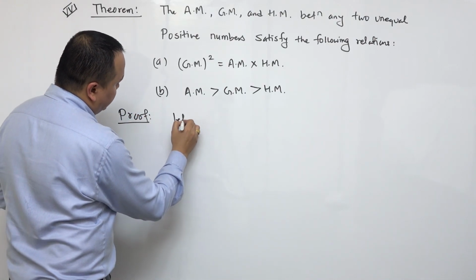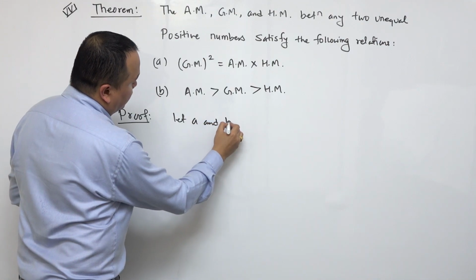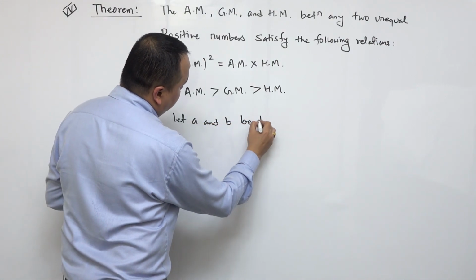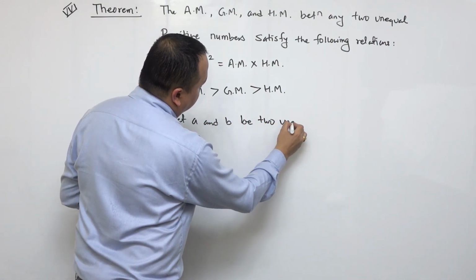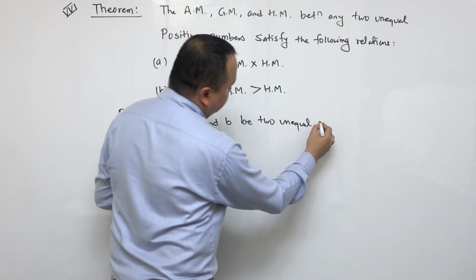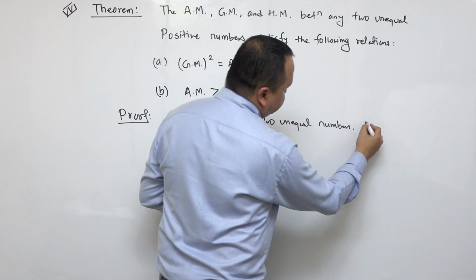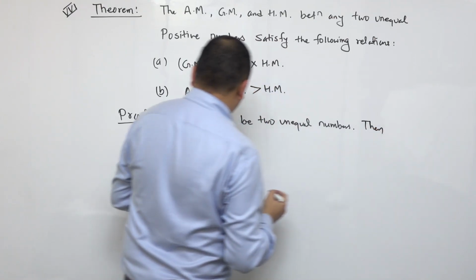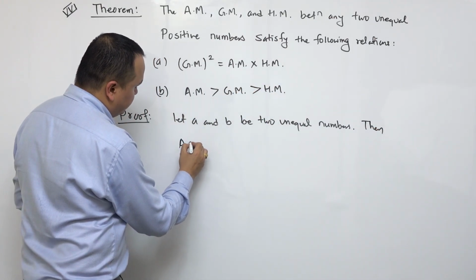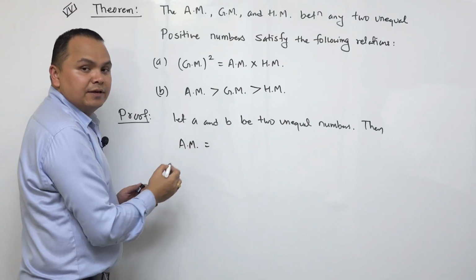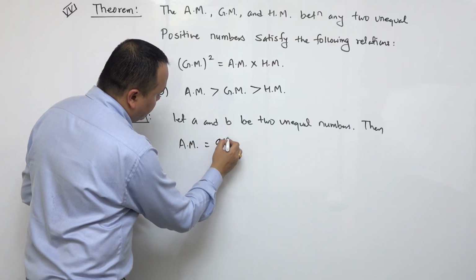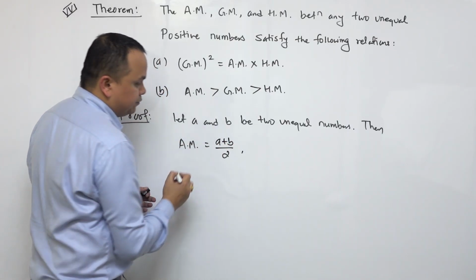Let A and B be two unequal numbers. Then AM arithmetic mean between A and B by formula is A plus B by 2.